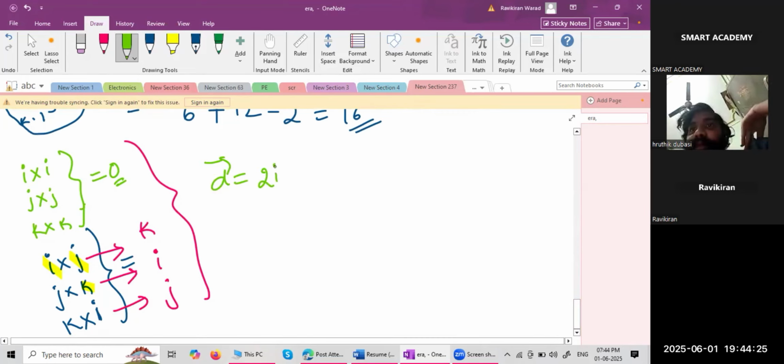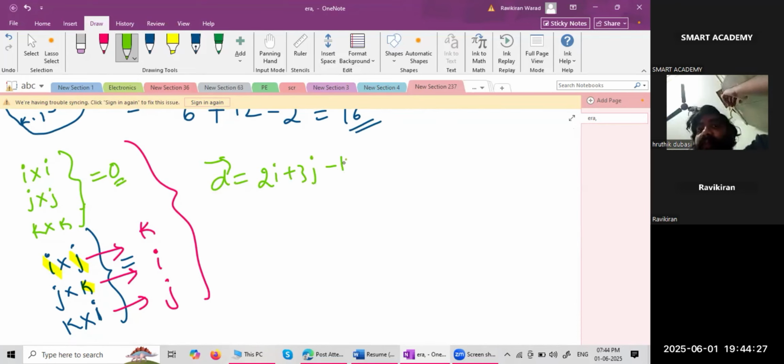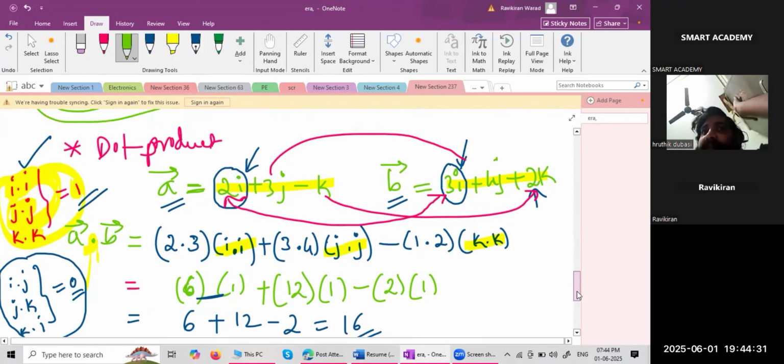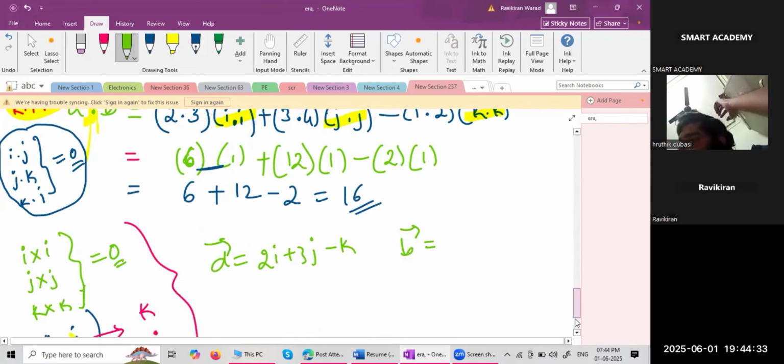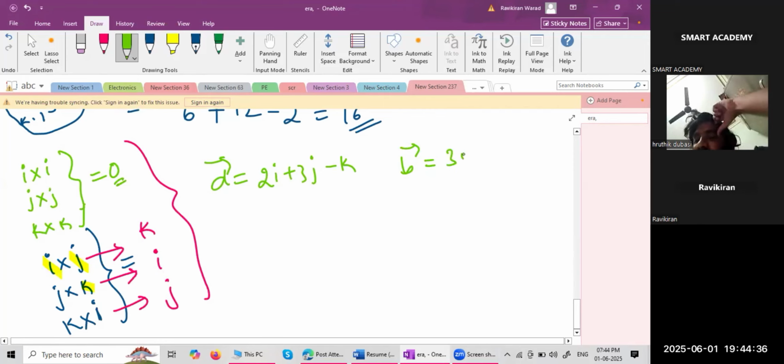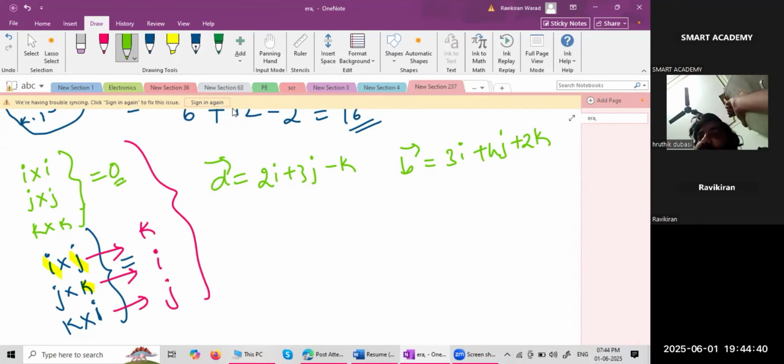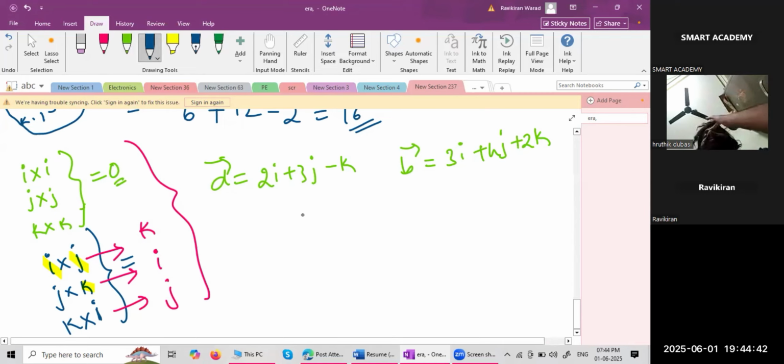What is the second vector? 3i plus 4j plus 2k.